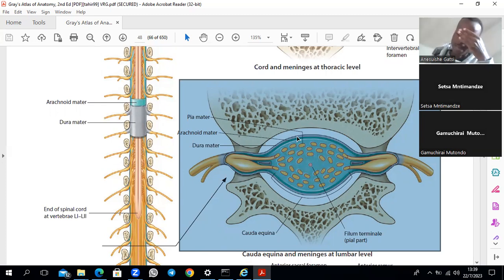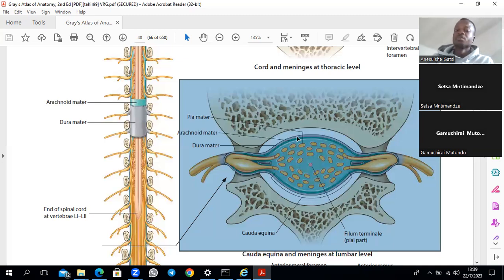Yesterday, when I was talking about lumbar and sacral vertebra, I went on to say that even though the spinal cord ends at intervertebral disc L1, L2, the meninges do not end there. So the meninges, which is dura and arachnoid, end at S2, opposite sacral vertebra number 2.